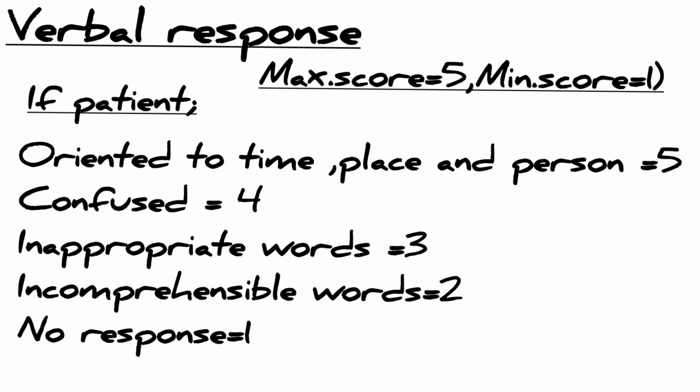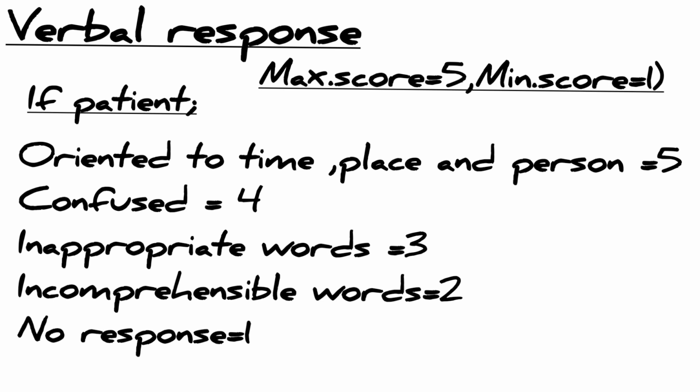Then we award 4 in case someone is confused. They don't know where they are, they don't know anything about them, they're just in a confused state. We give them 4. Then in case someone speaks inappropriate words, we give them a total of 3. For example, I show them a pen and they say it's a book, you give them a score of 3.